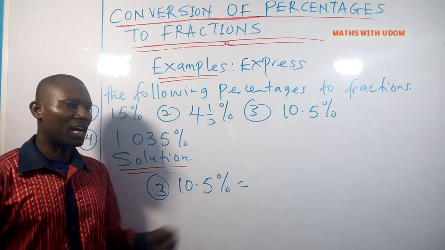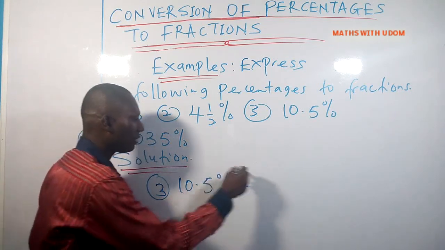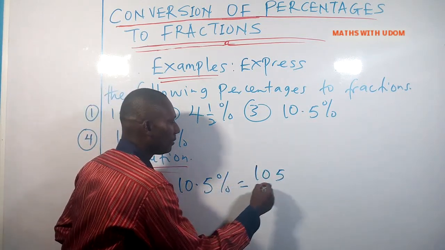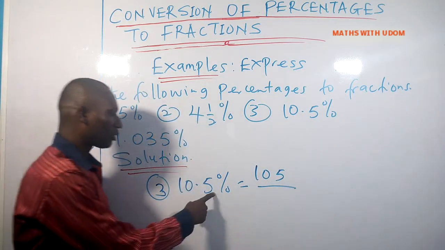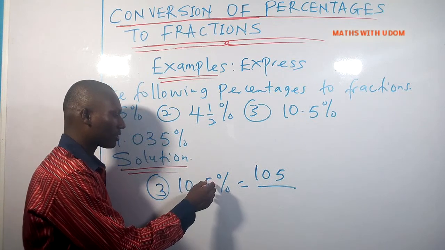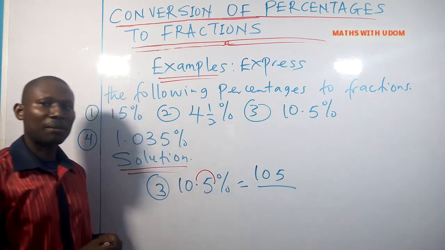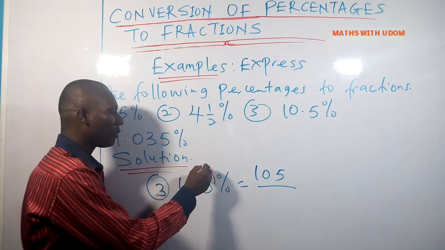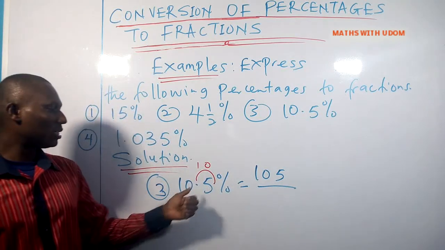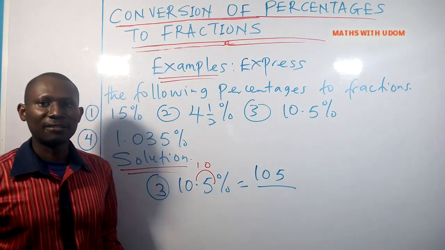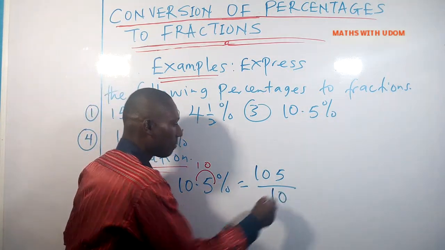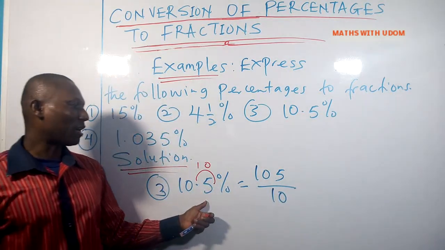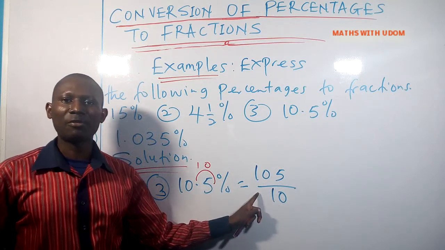So 10.5 is the same thing as 105 divided by 10, because if you move from the front of 5 backwards to where the decimal point is, you are moving only once. So we divide this number by 10. So 10.5 is equivalent to 105 divided by 10.